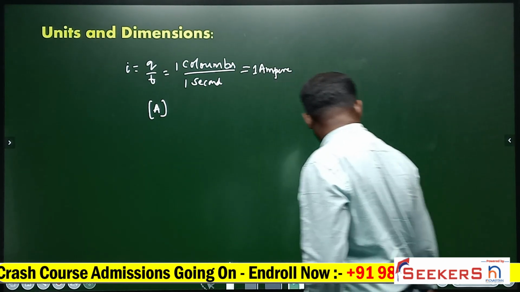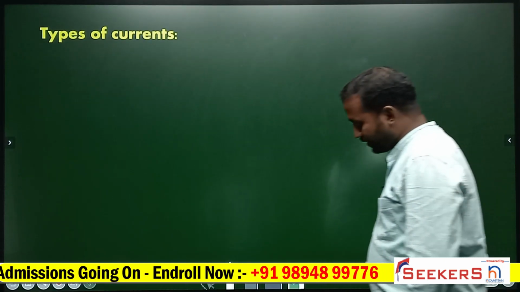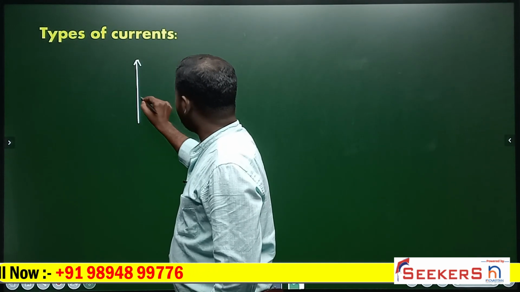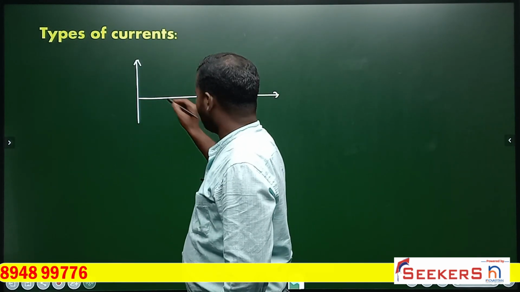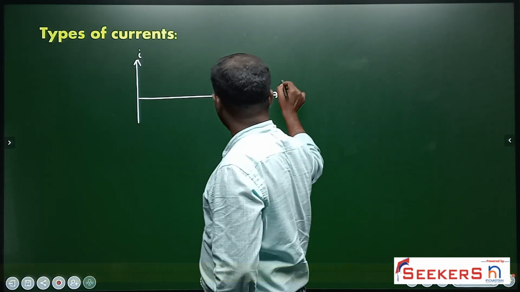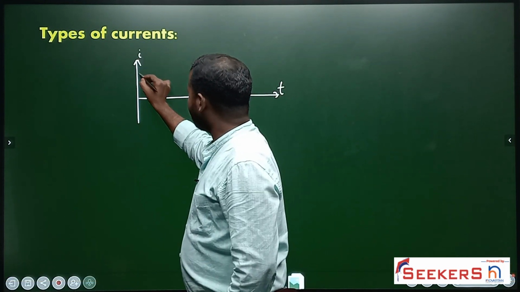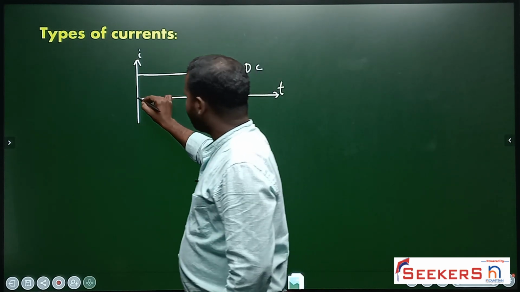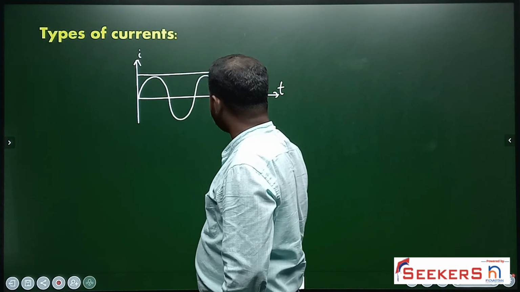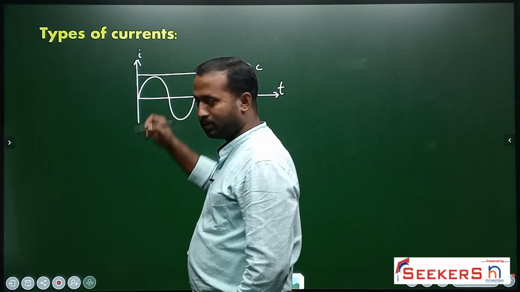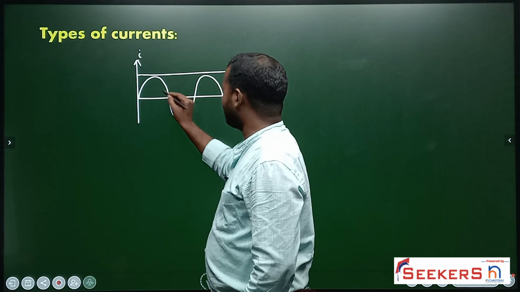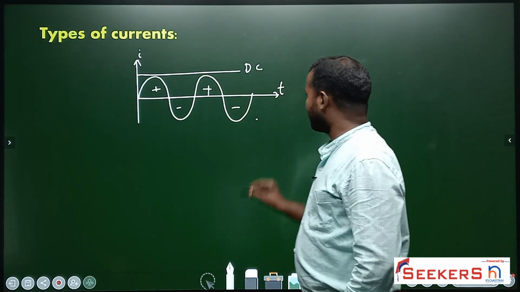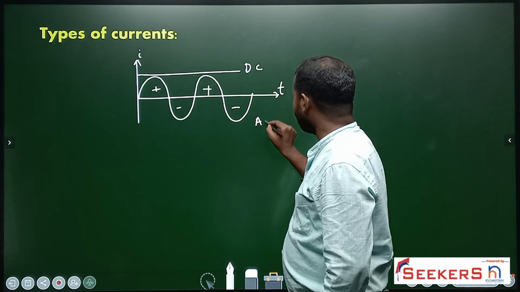Now let us talk about types of currents. We have two different types of currents in our syllabus. If current as a function of time is constant, we can call it DC. And if current is changing its polarity at regular intervals of time, from positive to negative and so on, we call such current alternating current.